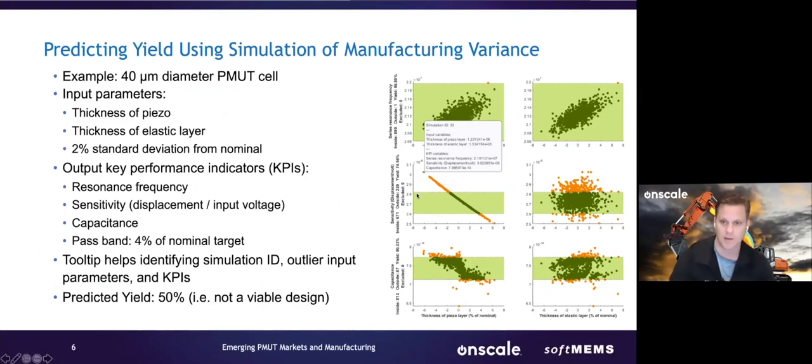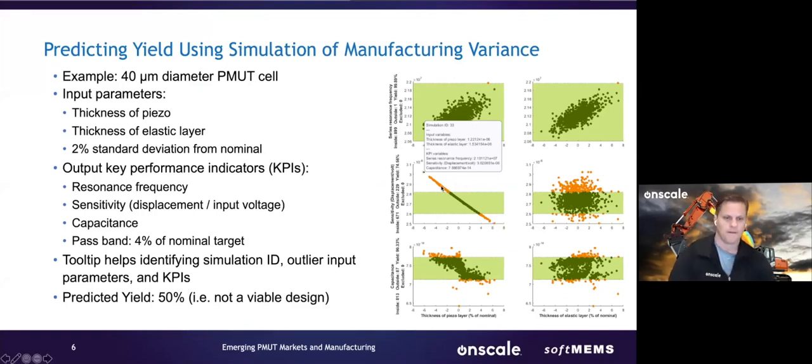So once we start adding in our pass-fail criteria, you can see we're getting a drop-off in some of these device designs. So at the edges of our process tolerances, which again will create geometric and material property tolerances, we're actually having some fall off.